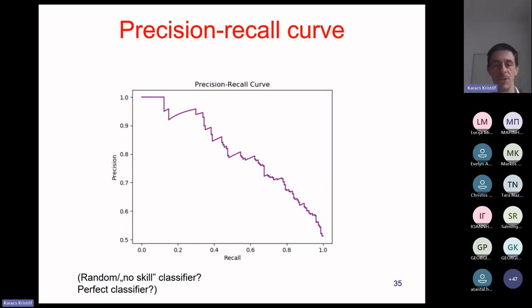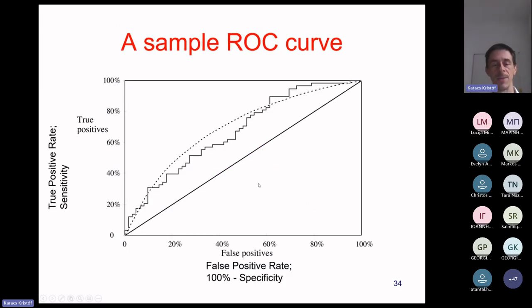And as I mentioned earlier, the random classifier corresponds to the diagonal. If we look at the ROC curve, the perfect classifier is very similar, but it is located in the upper left corner in this case.